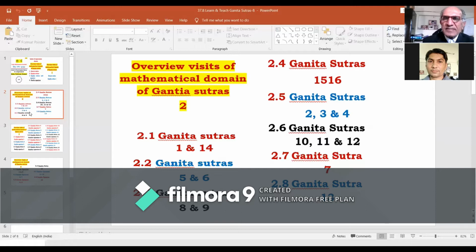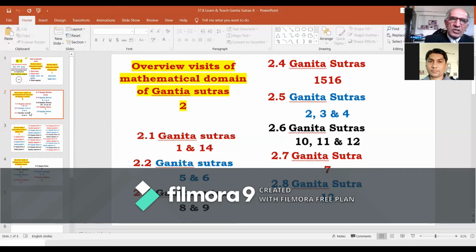It is this difference of the formats, Sutra 1 processing along the domain fold and Sutra 14 processing along the dimension fold format, that makes all the difference.